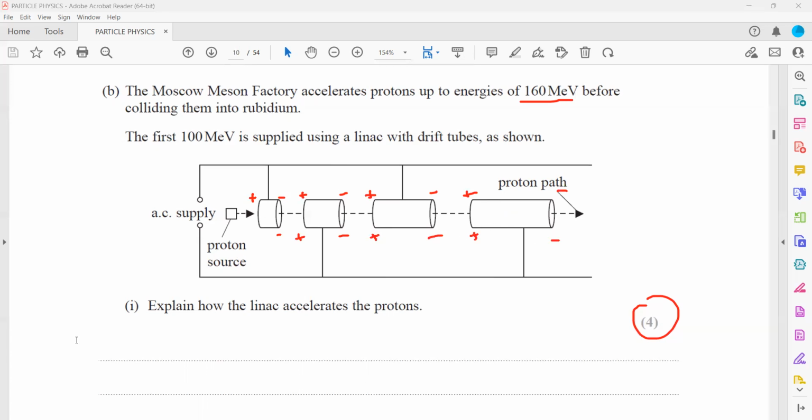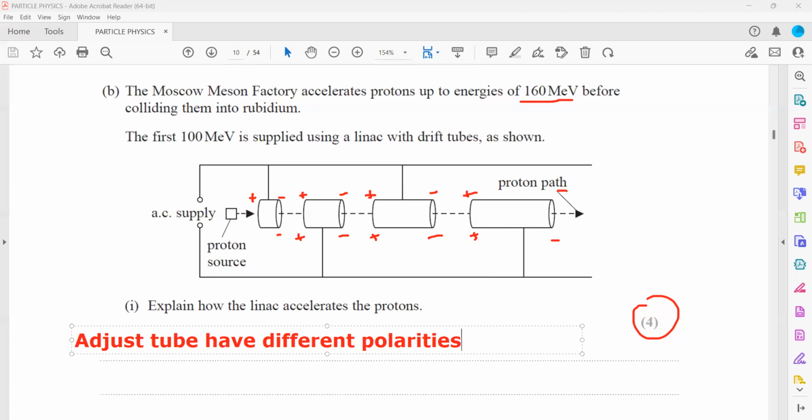So the first point, whenever you explain about the linear particle accelerator, you will always mention that the adjacent tubes have different polarities, or different poles are there on the adjacent tubes.